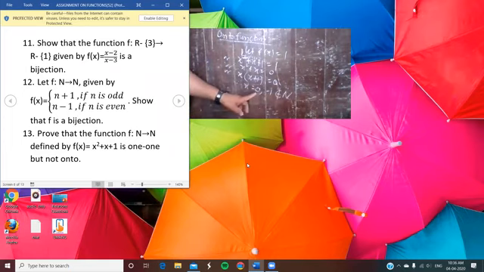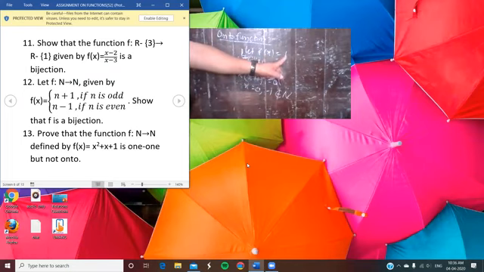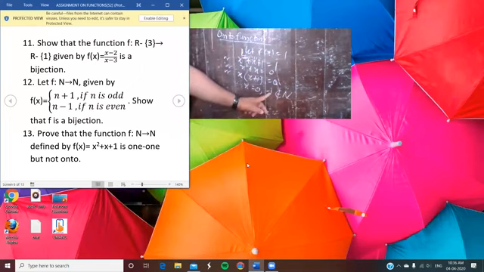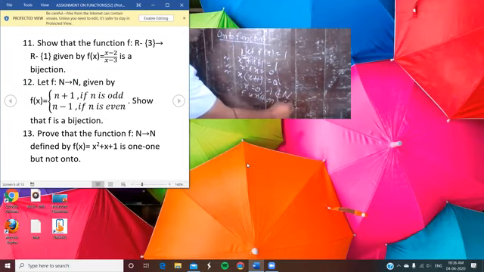So here you see that f(x) is 1, which is an element of the codomain, but its pre-images are 0 and minus 1, which do not belong to the natural numbers. So you can say that f is not onto function.